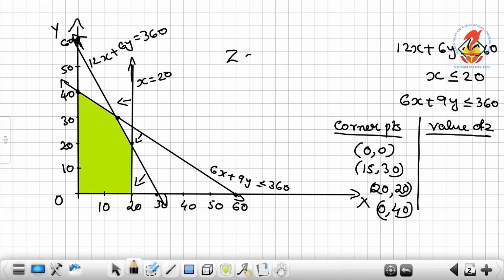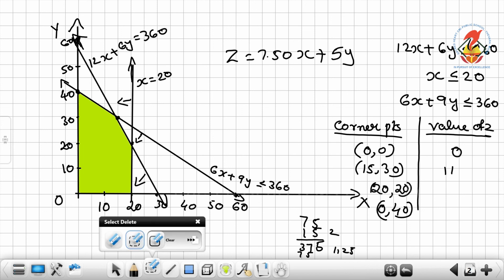And the objective function is 7.50x plus 5y. So when we substitute the origin, it is 0. Then at 15, 30, 7.5 into 15.